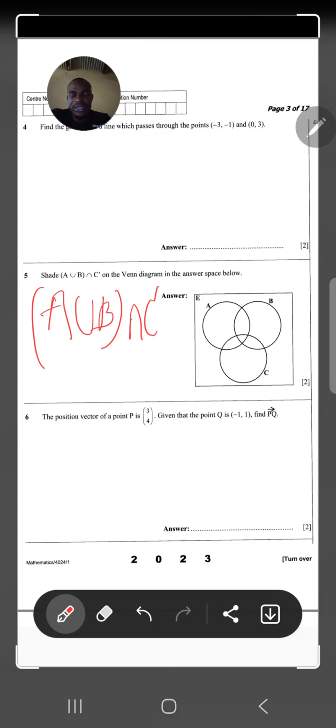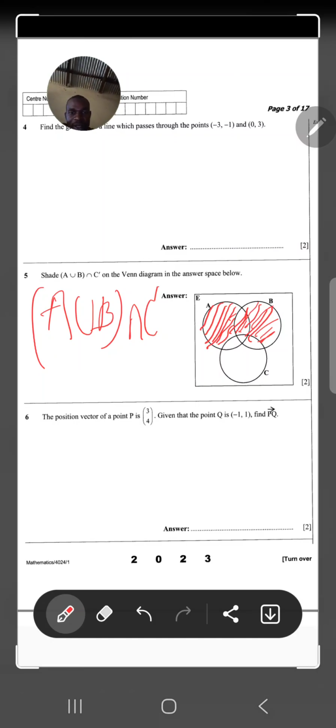So automatically, if you check, I think there's a paper we solved, it should be 2024, which had the answer we are about to find as the question in that year. So here we need to shade A union B intersection C complement.